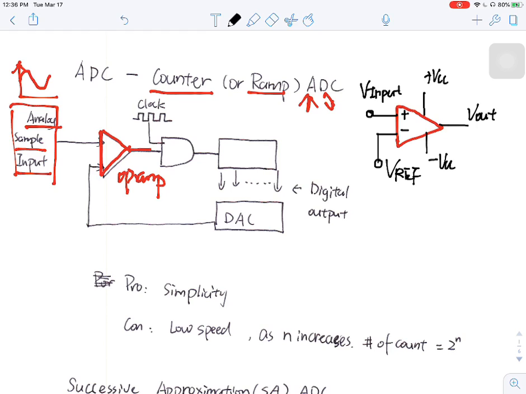And the output characteristic of the comparator is like this. This is V out, and on the horizontal axis is V in, that's the input.